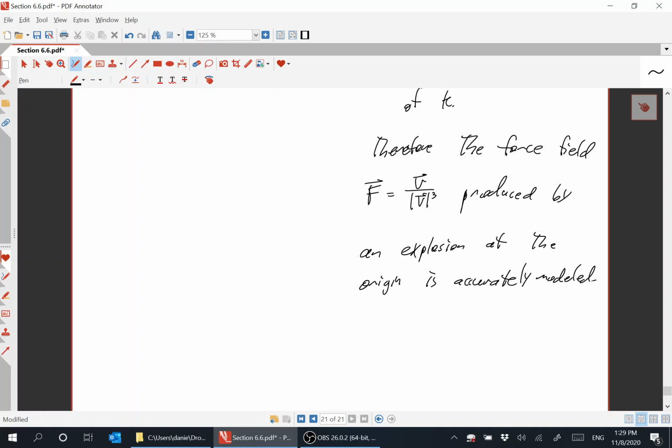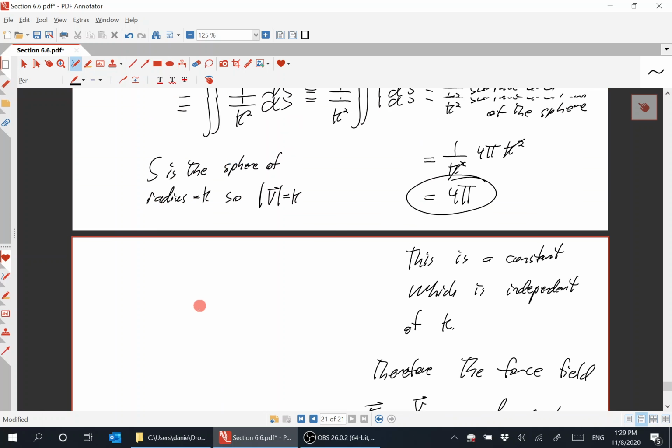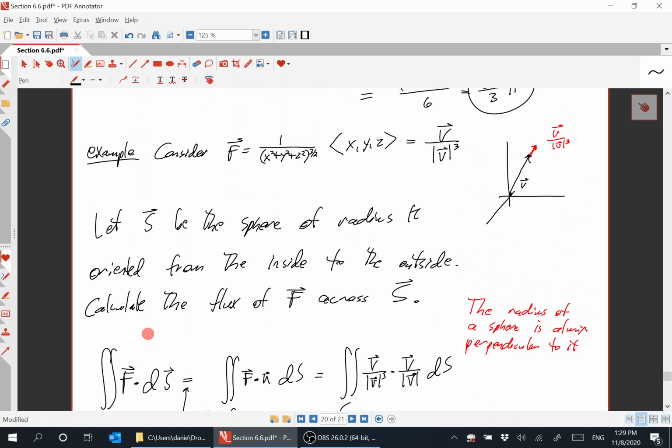Because when you have an explosive force, you have some explosion at the origin, and then it produces an explosive force straight outward from the origin. So the vector F is always going to be parallel to the line straight from the center to that point. But the further away you go from the origin, the less the force is at any one given point. So the force gets weaker and weaker.